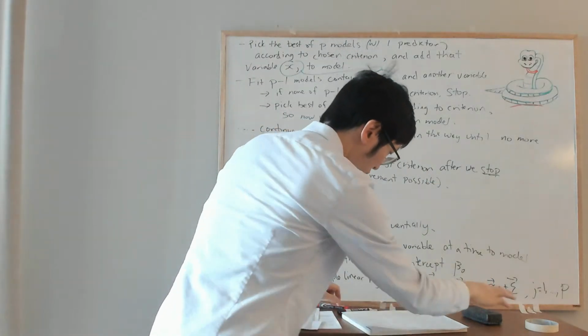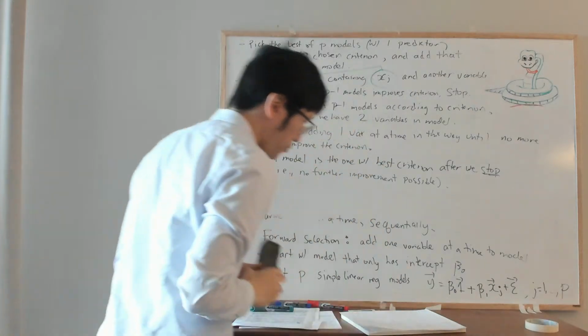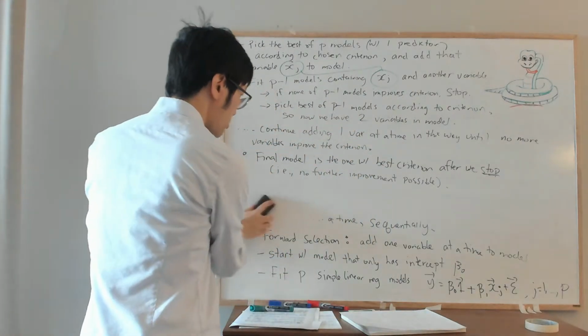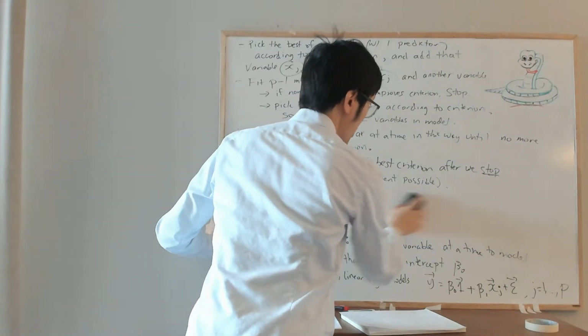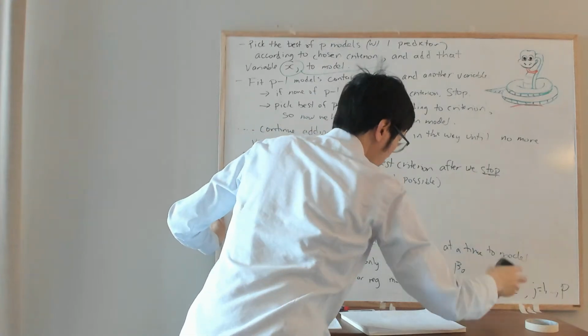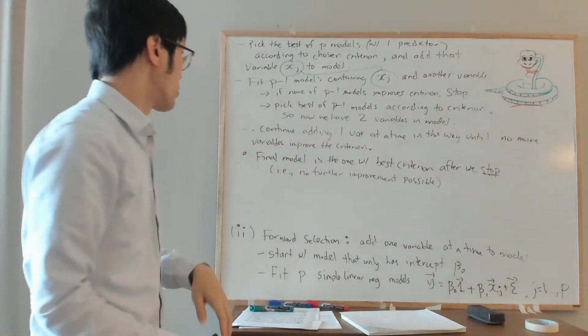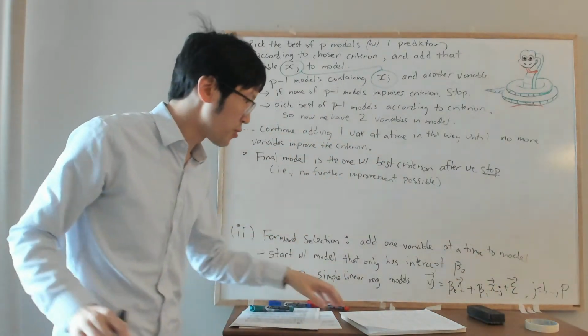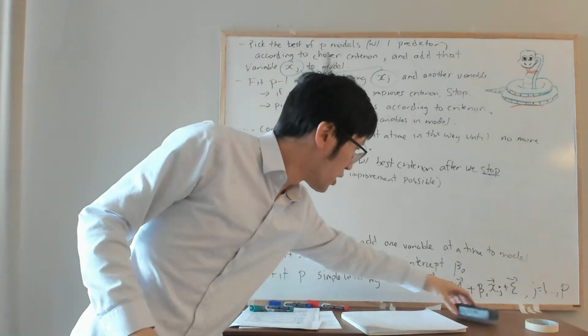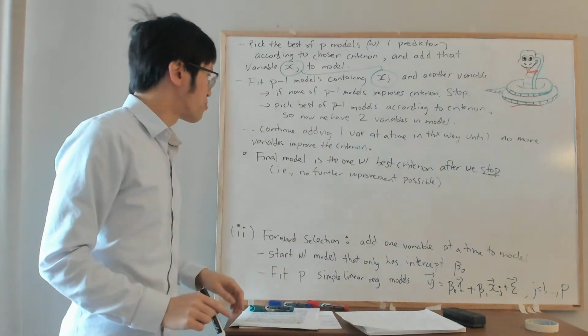Okay, so that is forward selection. Pretty simple procedure, and can be easily carried out. And it was one of the first procedures devised, very simple for doing model selection.